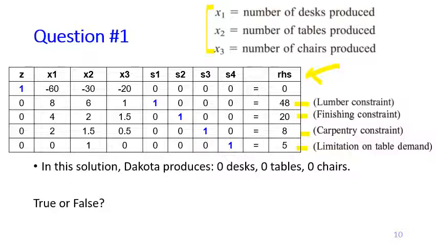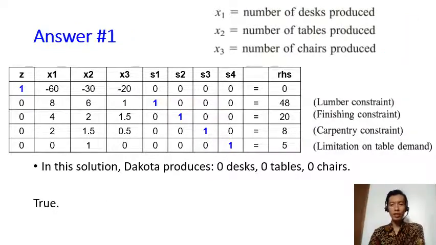Is this statement true or false? The answer is true, because in this solution x1, x2, x3 are non-basic variables, so the values of those variables are 0. Remember that these are your basic variables, s1, s2, s3, and s4. They have values, but x1, x2, x3 all equal 0.